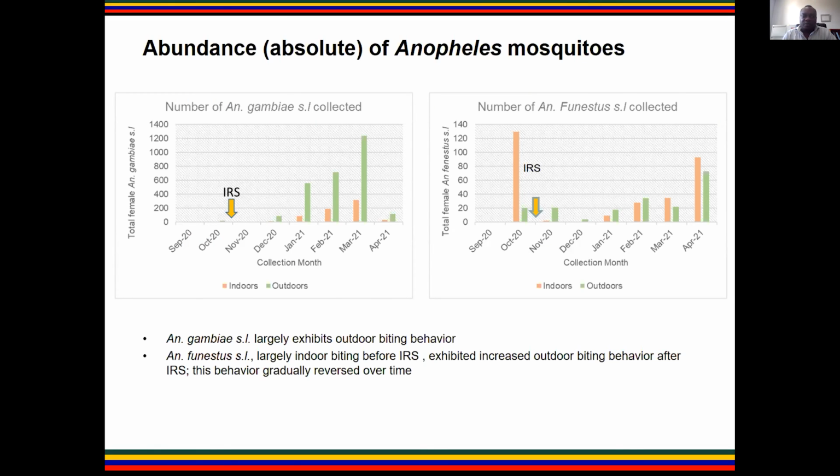But what we observed was that after IRS was introduced in one of the sites, there was a slight shift in the biting behavior of funestus for about 2 months, then it gradually reversed to predominantly being indoor biting again.